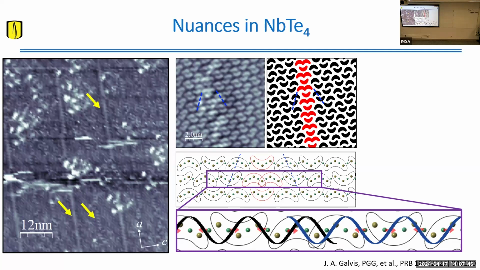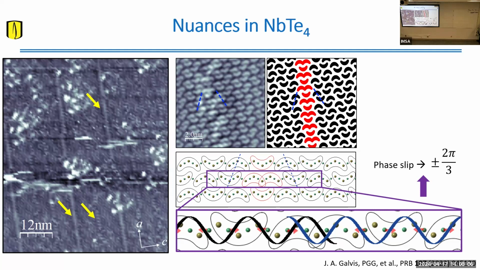So these two regions are originated through a change in the phase of the charge density wave on one side of this defect and the other side of this defect. And like that, you can have many types of defects that can be recreated by these phase shift domains.